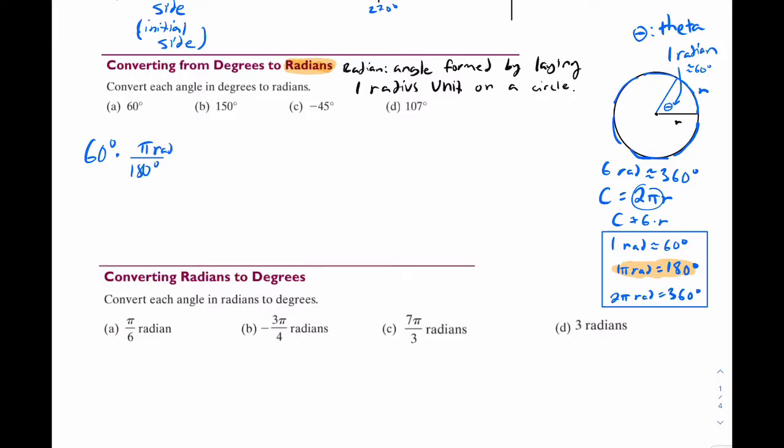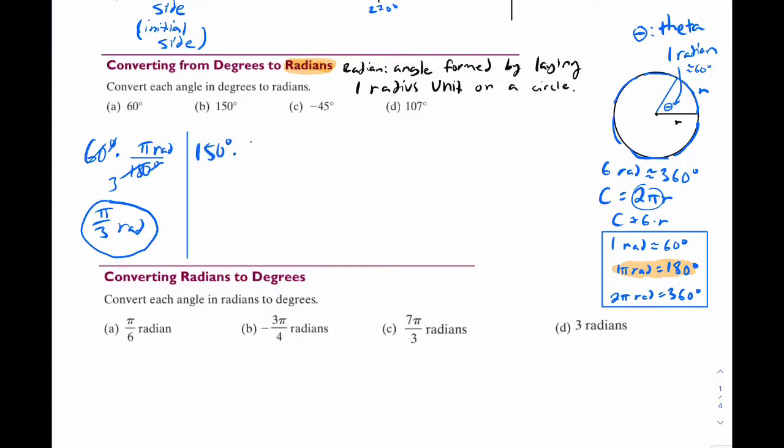Since pi radians is 180 degrees, the degrees cancel out. That reduces to 3. So now we have pi over 3 radians. You can write radians, but this is actually the one time in math and science where you don't even need a unit. If you write pi over 3, it's assumed to be a radian. So you can have it there or not. Either way is fine.